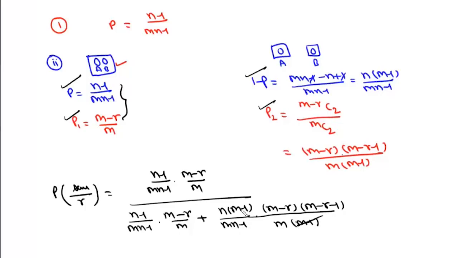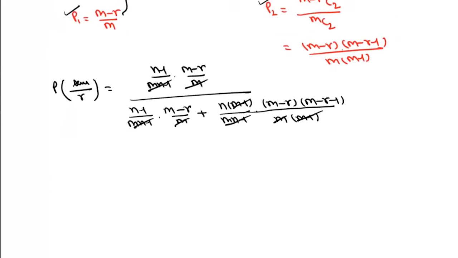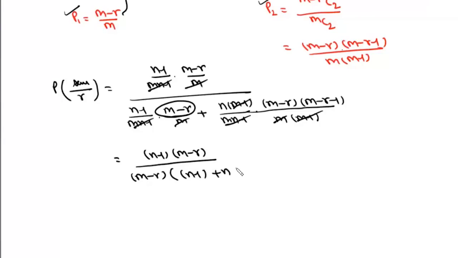Now here m minus 1 and m minus 1 will cancel. n and m will also cancel. So the required probability will be (n minus 1)(m minus r), and in the denominator we take m minus r common, and then it will be (n minus 1) plus n into (m minus r minus 1).